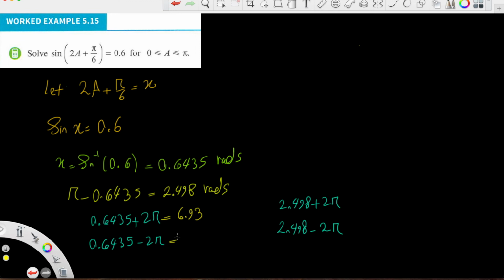Then for the subtraction, 2 pi minus 0.6435 is 5.64.